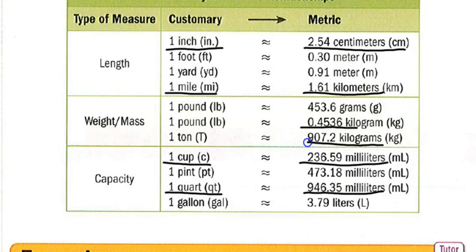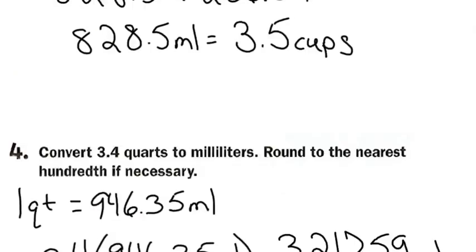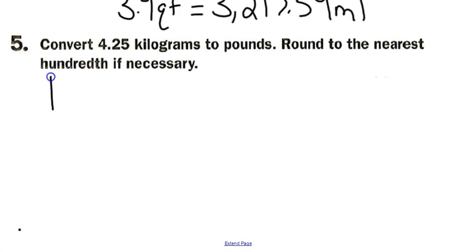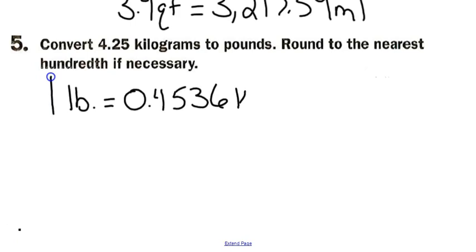I want this one, 0.4536 to pounds. So 1 pound is equal to 0.4536 kilograms.